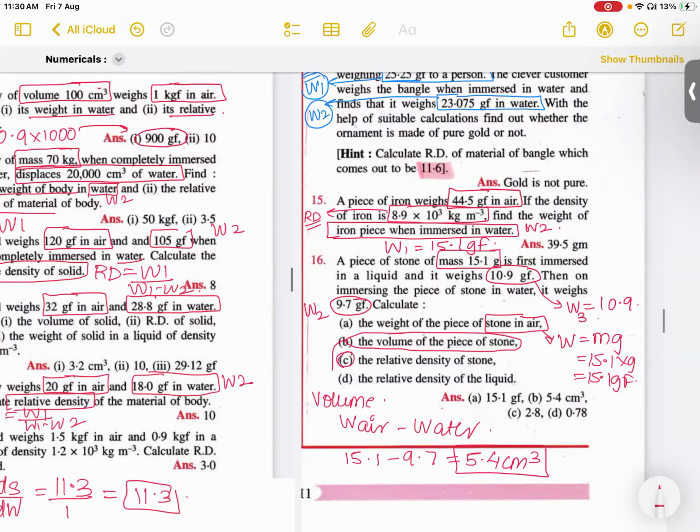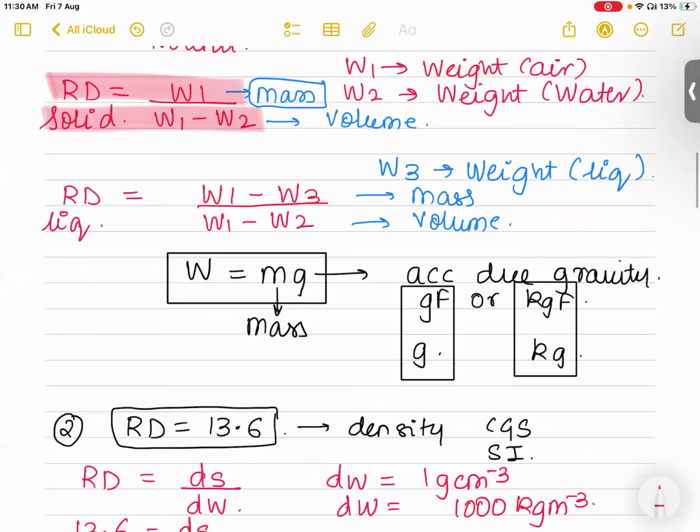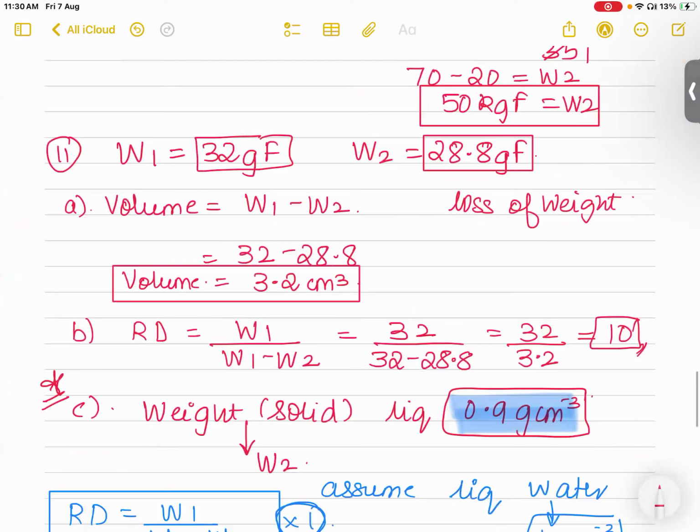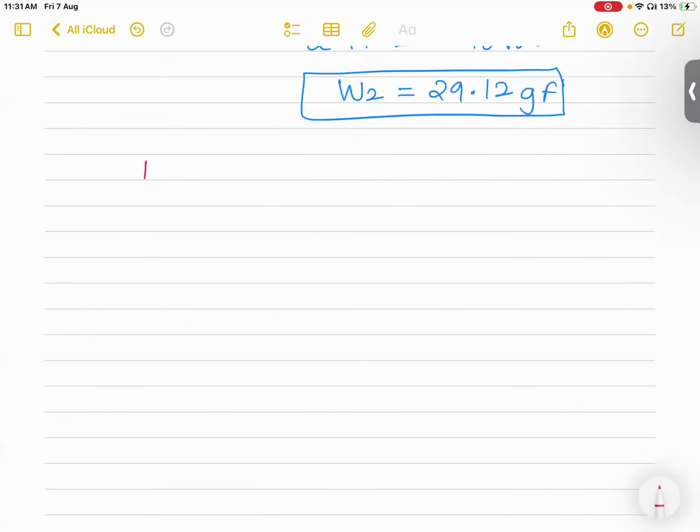Relative density of stone. I think we know this part. Guys, we know how to calculate it. RD is W1 upon W1 minus W2. Weight in air is given to us, kids. If you see carefully, weight in air is 15.1, and in water, I think it is 9.7.